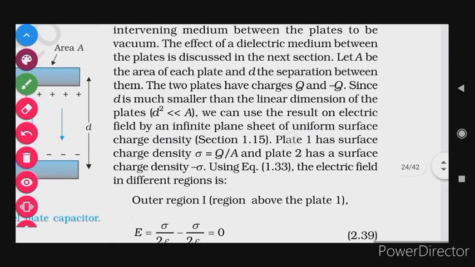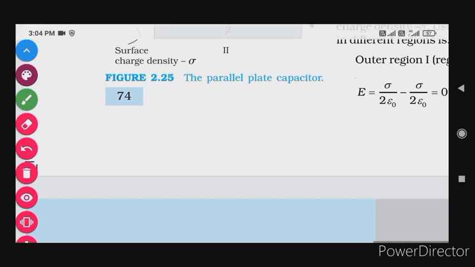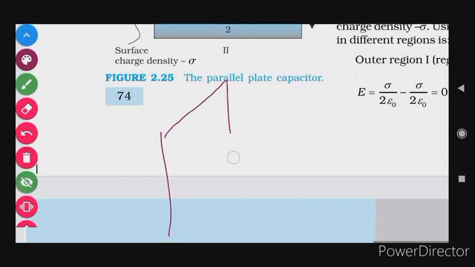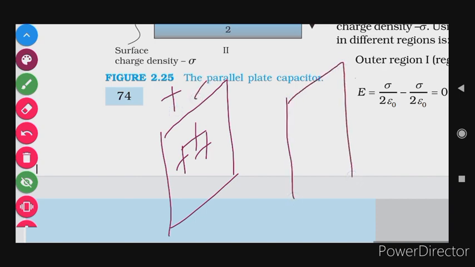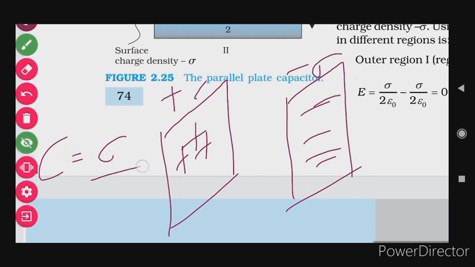Now since small d is much smaller than the linear dimension of the plates, we can use the result on electric field by an infinite plane sheet of uniform surface charge density. If you recall from the first chapter, if there are two infinite sheets of charge, one having surface charge density plus sigma and the other minus sigma, then the electric field between the two sheets was given by E is equal to sigma upon epsilon naught.